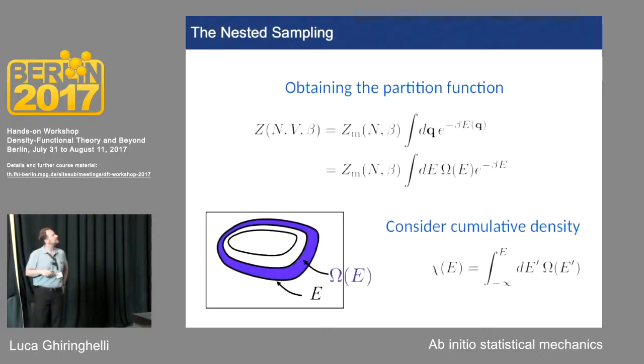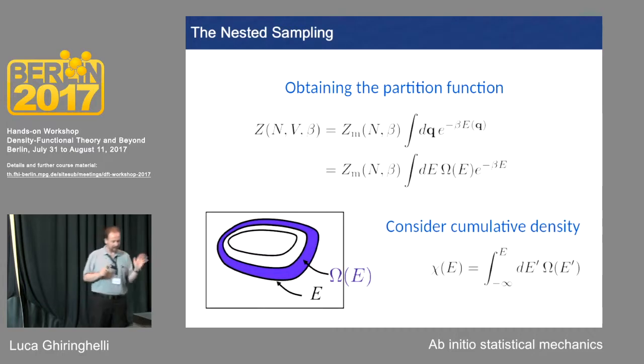So I will not insist too much because I want to go to the last method, which is also the latest that has been proposed in literature. So it's not fully established, but it is very promising. So at the beginning I said that there is a problem when you want to directly sample the partition function. Well, there is another method that I have no time to explain here.